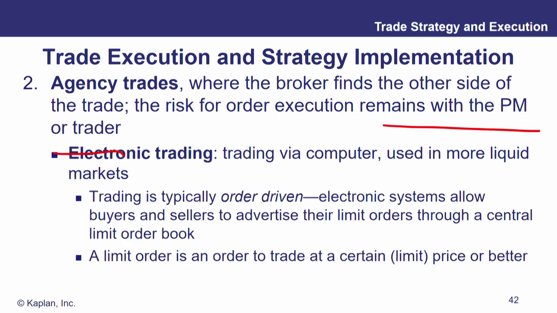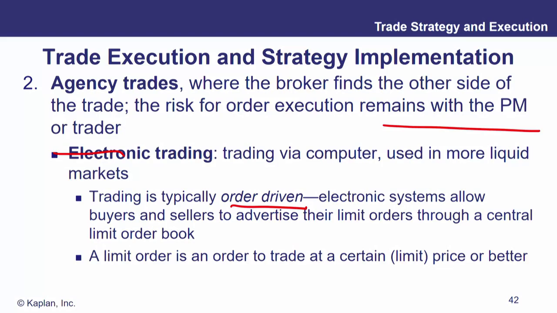It's used in more liquid markets, and they're typically order-driven. So these electronic systems allow buyers and sellers to advertise their limit orders through a central limit order book, and oftentimes the exchanges or the central limit order book owners will sell you access to see these. So these can actually help when you're trying to figure out your order.